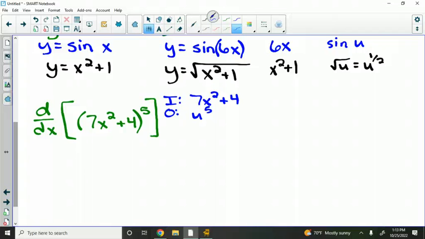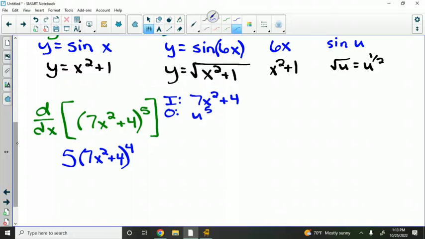Okay, so the chain rule says take the derivative of the outer, but keep the inner. Here's what it means. You're going to bring the 5 down, and you're going to have a 4th power, but we're not going to use the u. We're going to keep the inner part there. So we're using the rules to take the derivative of the outer part, but you still keep the inner part within it.